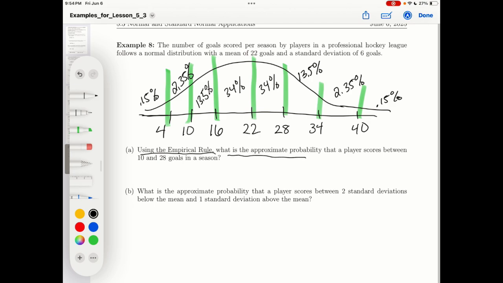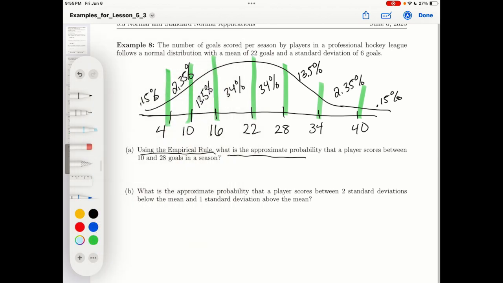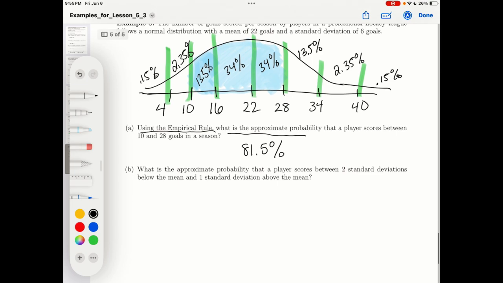Using the empirical rule, what is the approximate probability that a player scores between 10 and 28 goals? So we're looking between 10 and 28. So we want to add up all of these areas. We're going to add up 13.5, 34, and 34. That's going to give us 81.5%.